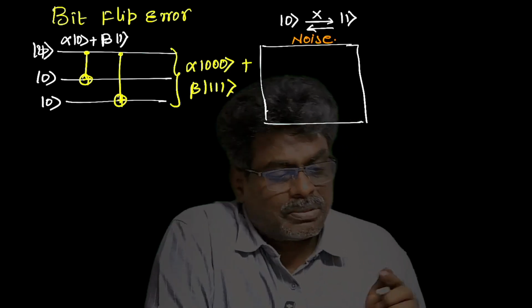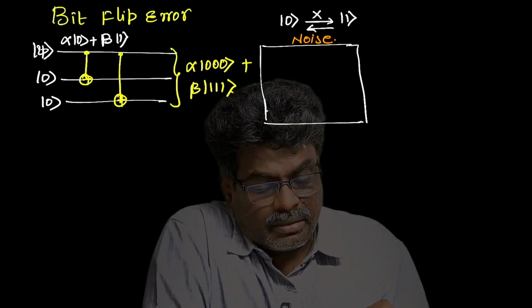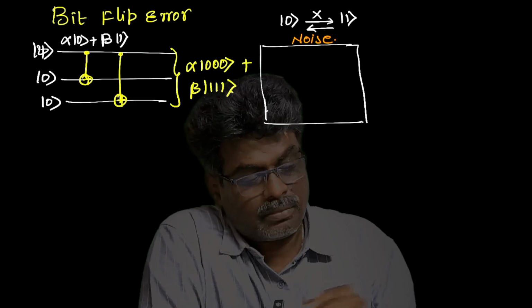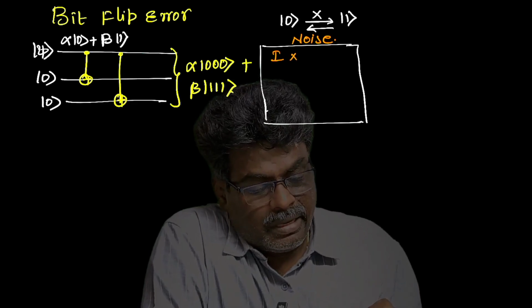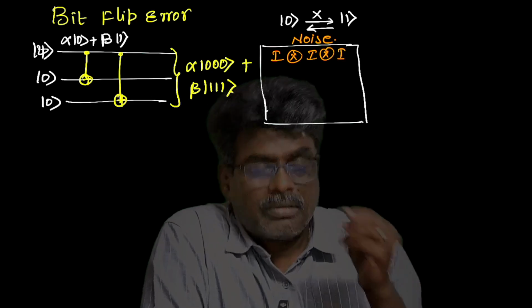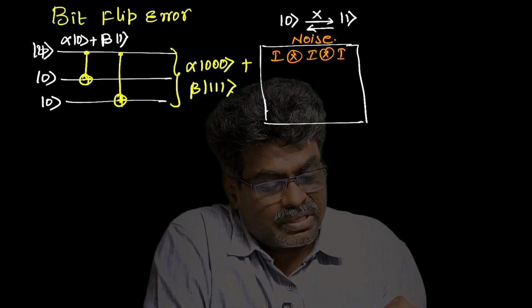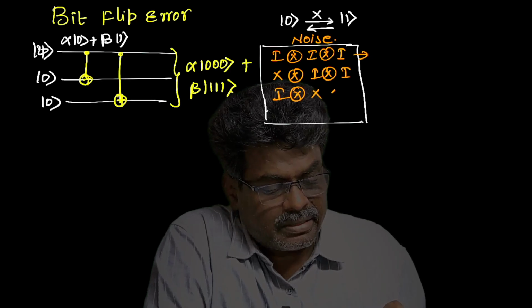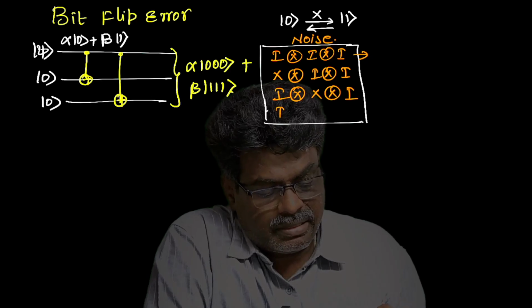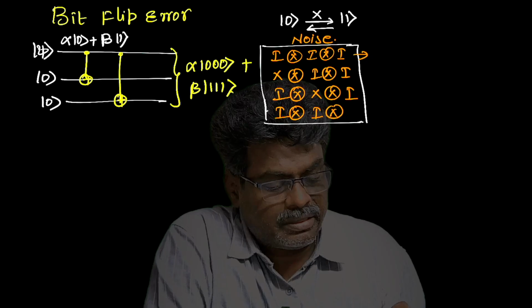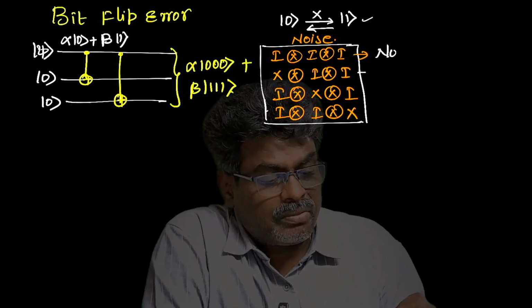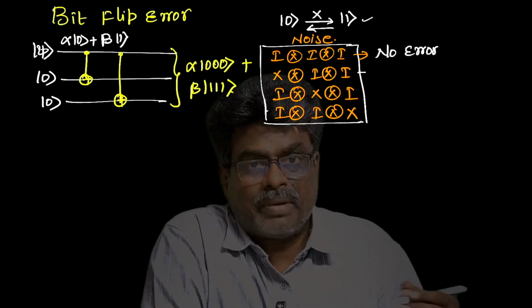So how many types may exist? Here we can classify into 4 types. That is I, so that means there is no error in this first case. The next ones are X tensor I, I tensor X, and I tensor I, and the third one is X. Here, by seeing this, there is no flip, that means no bit flip error.